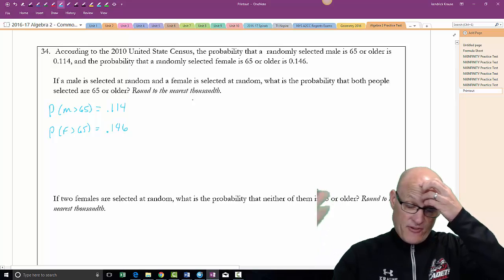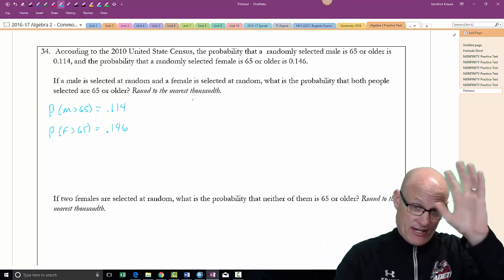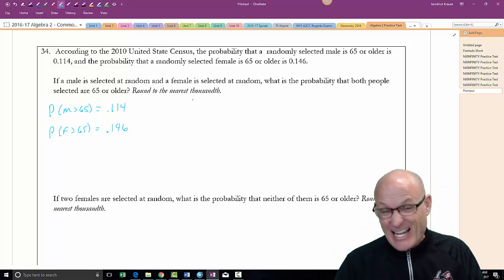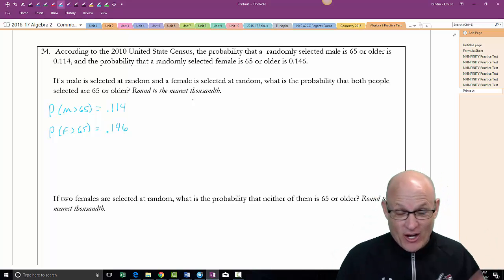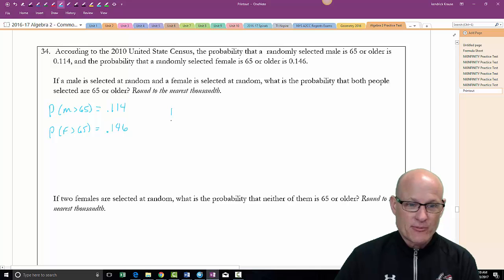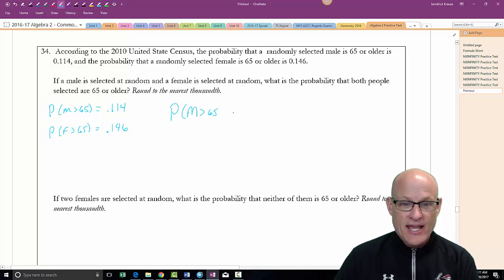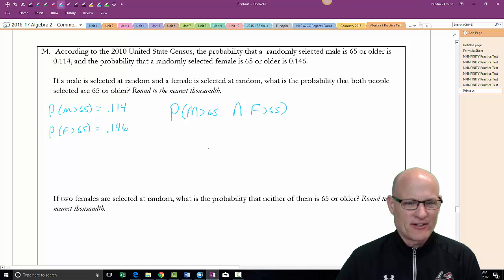Does being female have any effect on being male? I'm going to say no. So therefore, I'm going to say that they're independent. So this is the probability of male over 65 and female over 65. This isn't my favorite question, by the way.